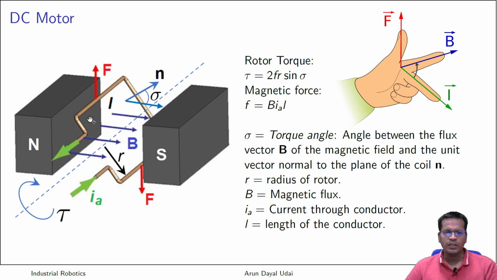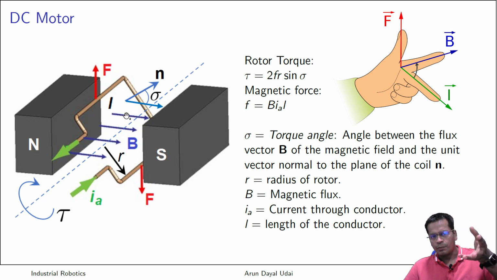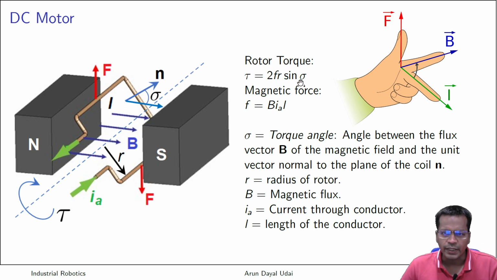Both the forces will create a couple which creates the torque about this axis. So that is the torque which is seen by the shaft, the rotating shaft, that is the armature. Got it? So the rotor torque that one can see is equal to 2F into R sine sigma, because this angle is changing.